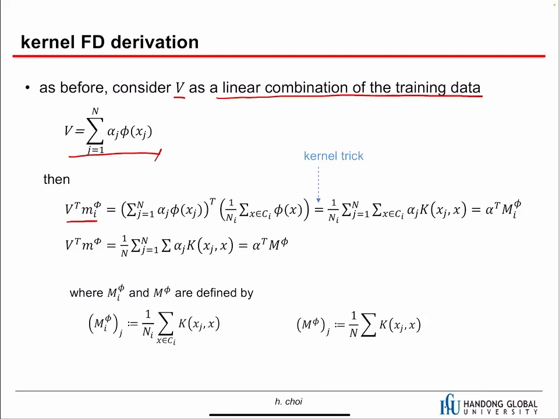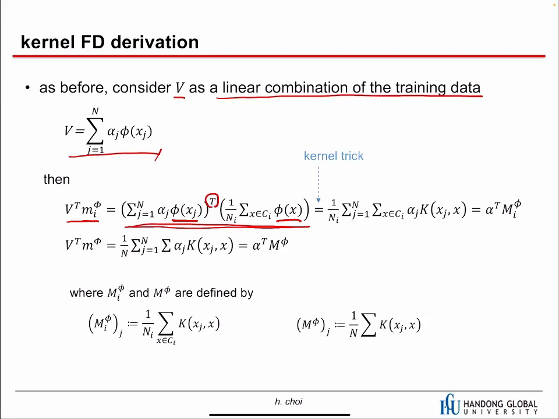So v transpose times m sub i phi is, if we rewrite, then we have some terms here. Then if you look at these two equations, we have phi, and we have a transpose. So we have the inner product between phi of x sub j and phi of x.